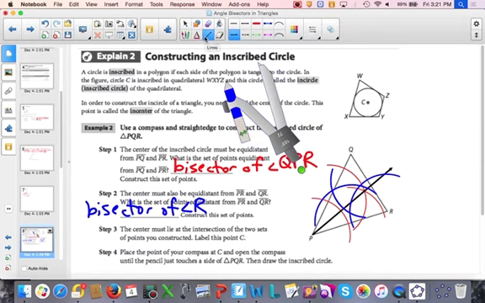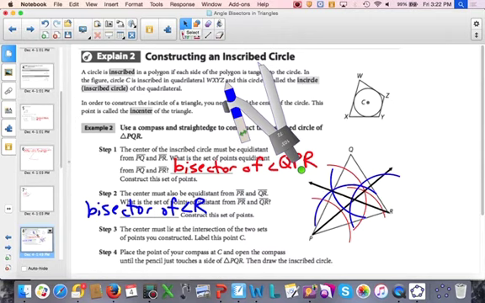Those arcs intersect, so from my vertex R to that point of intersection, and again, that wasn't my best work. So that's a little better.